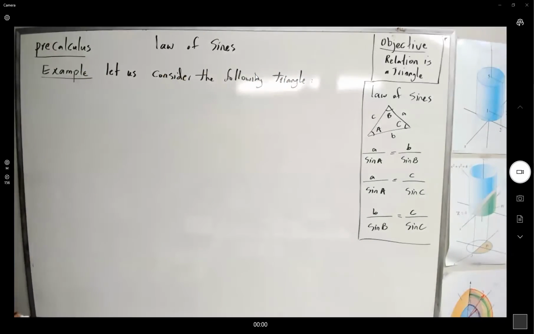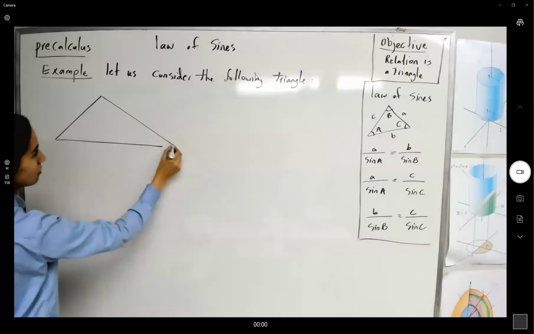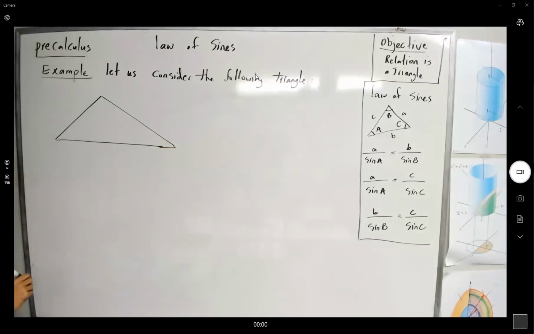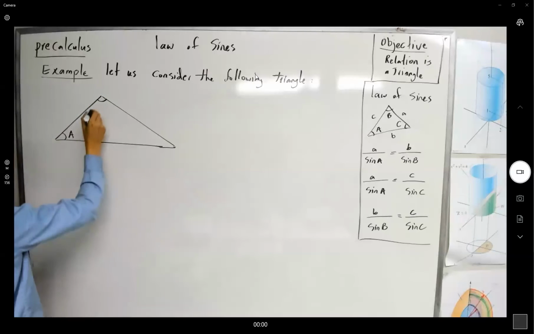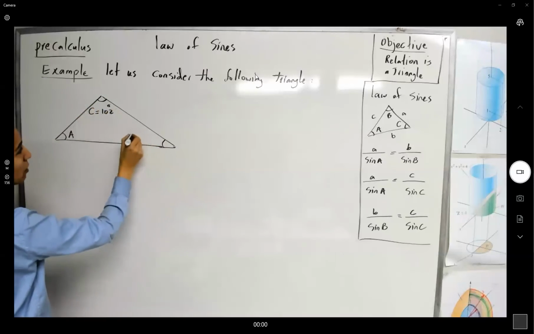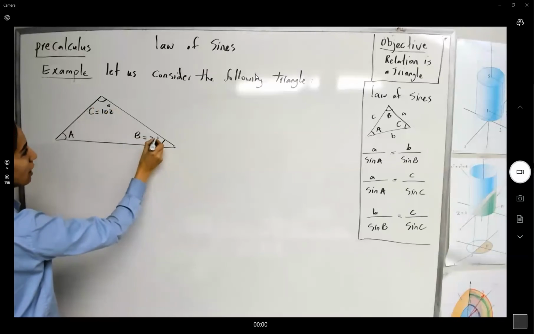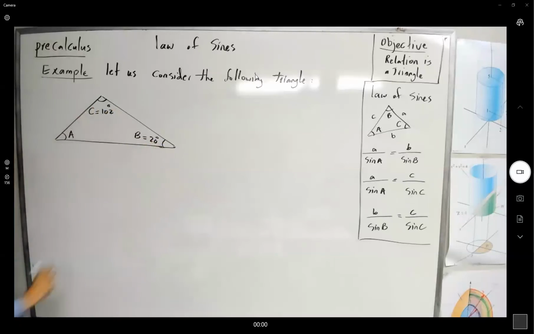So information in this triangle is given as follows. We have angle C, which is given to us as 102 degrees, and angle B, which is given to us as 29 degrees.